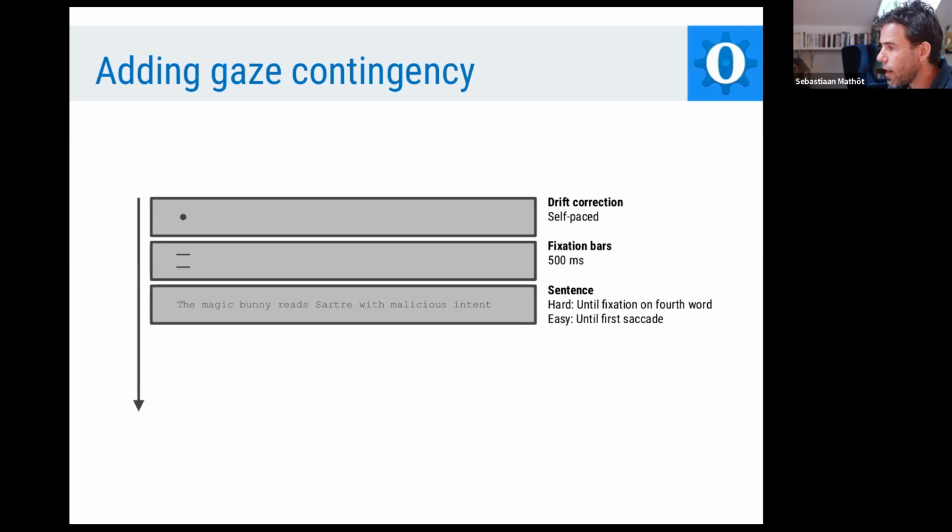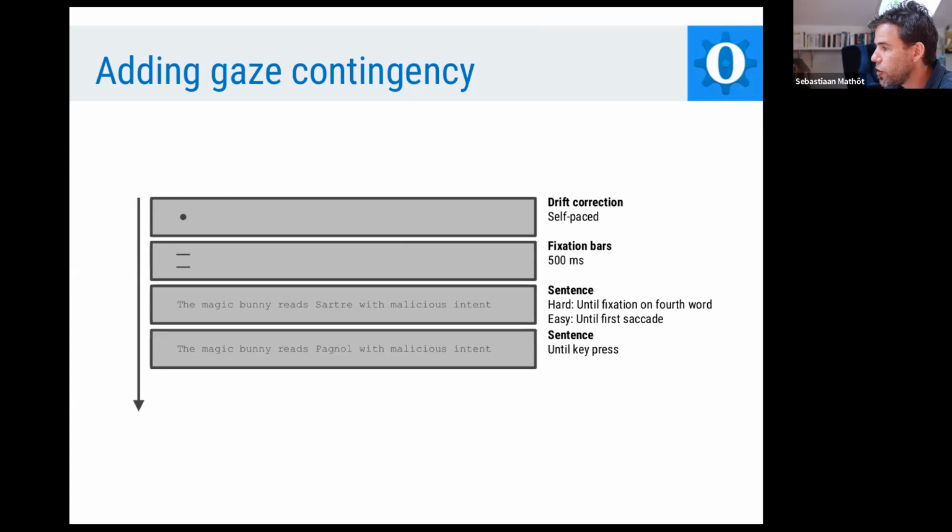As soon as that happens, you replace the sentence by another sentence that is slightly different. For example, the magic bunny reads Sartre with malicious intent, and then as soon as they make an eye movement, the magic bunny reads Pagnol with malicious intent, both of which are French writers. And then when they're done, they press the space bar.